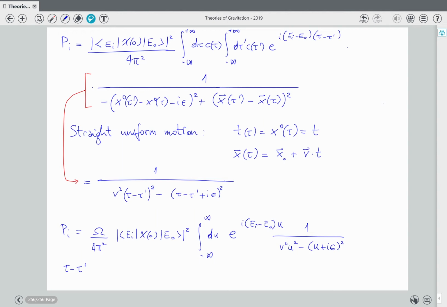So now we compute this integral by means of the residue theorem. And we will find that the result is 0. Where are the poles?